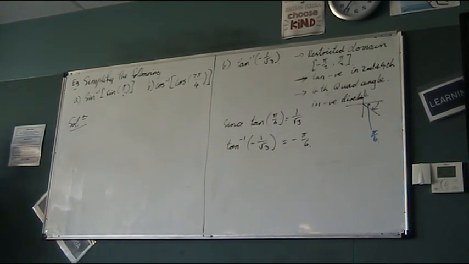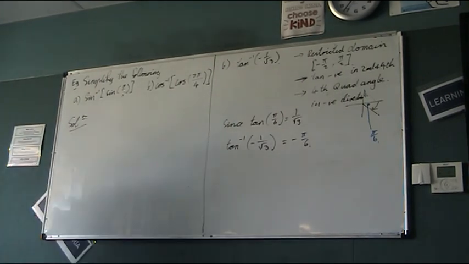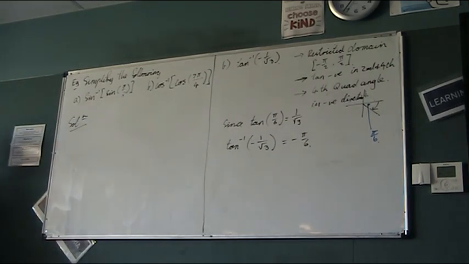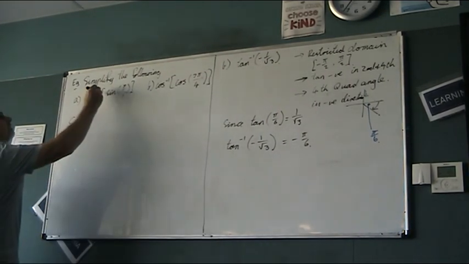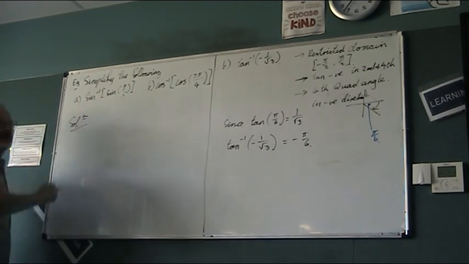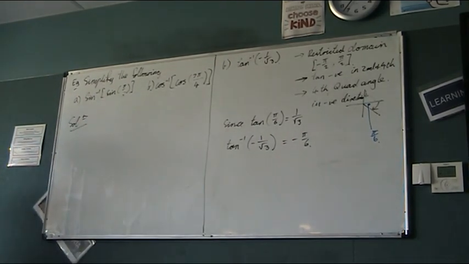All right, so simplify this. Sine minus 1 of sine pi on 3 and cos minus 1 of cos 7 pi on 4. Correct. So, what do you think the inverse function and the function might do to each other?